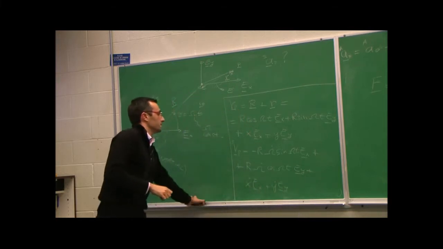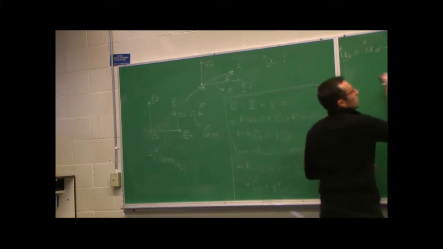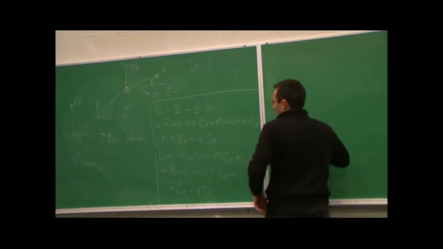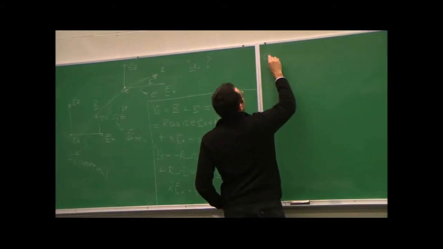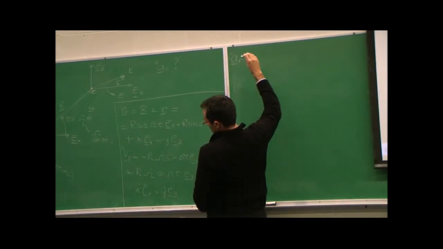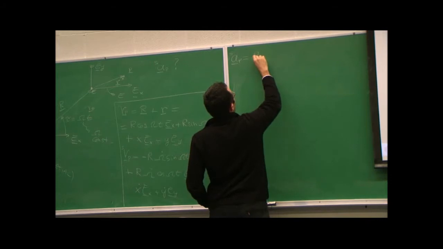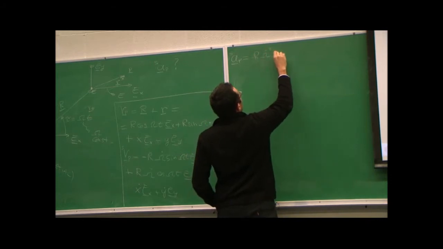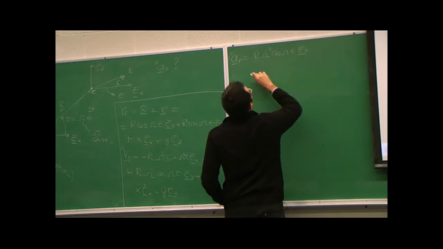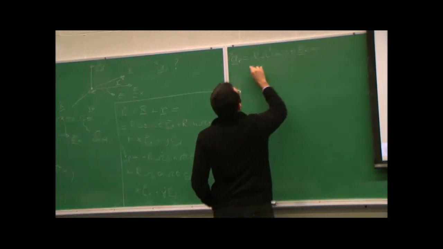No surprises. And the next one is also going to be no surprises, which is the acceleration. Acceleration of the satellite with respect to the Sun is another time derivative of that: minus r omega dot squared cosine omega t EX. Let me go down here.